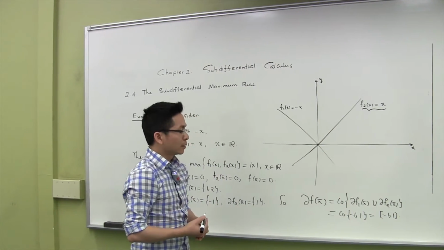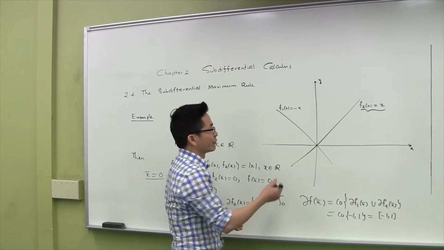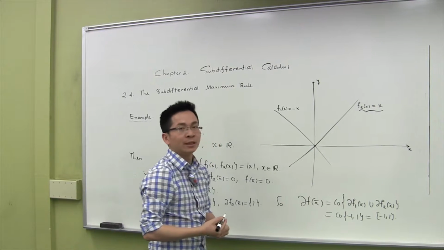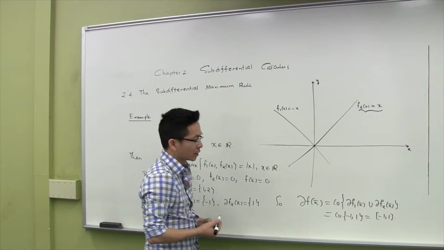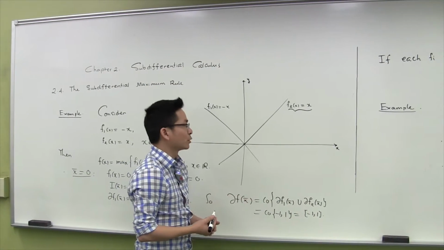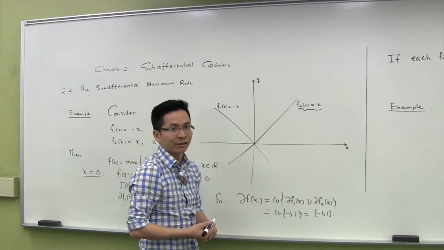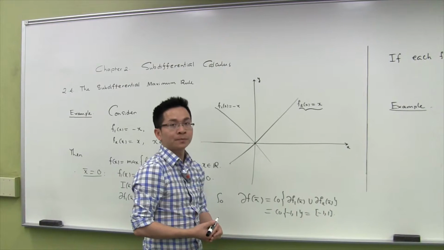And this result is consistent with what we know about the subdifferential of the absolute value function at 0. Similarly, we can easily compute the subdifferential of the absolute value function at any point x bar in the domain of the function using the subdifferential maximum rule.